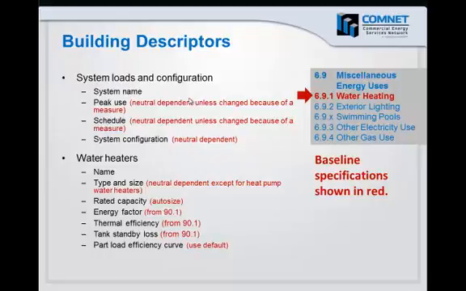Those data come from 90.1, so those would be a credit, because you wouldn't be able to buy equipment in a new building, at least, that was less efficient than NAECA. And then the part load efficiency curve, you use the default.